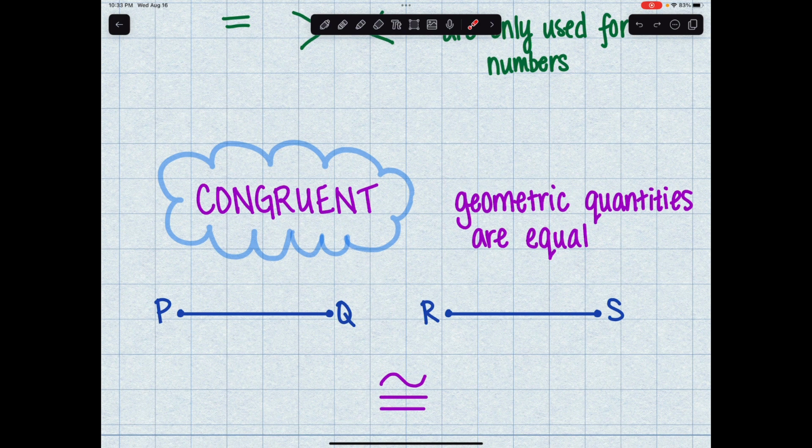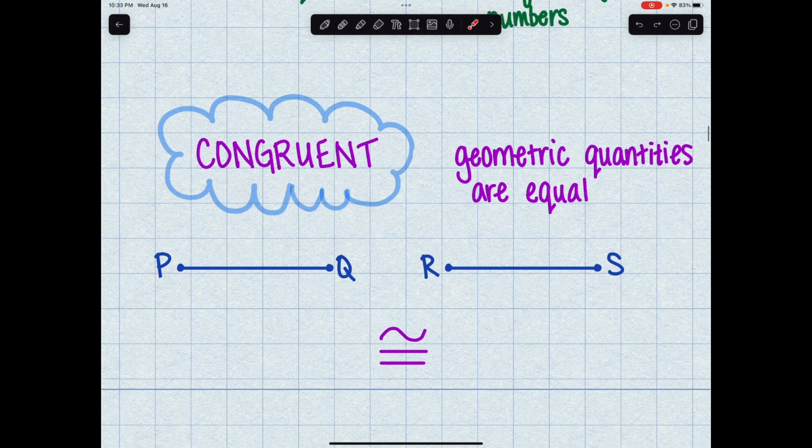If they are the same, then they're congruent. So in this example, if these are the same, PQ is congruent to RS. I know it's kind of silly, because congruent means that they are the same length. Anyway, they're just called congruent, but it means that they are equal.